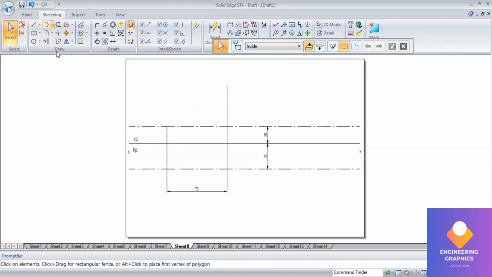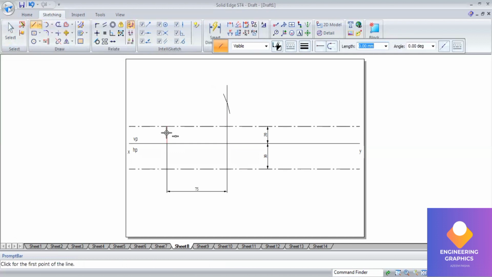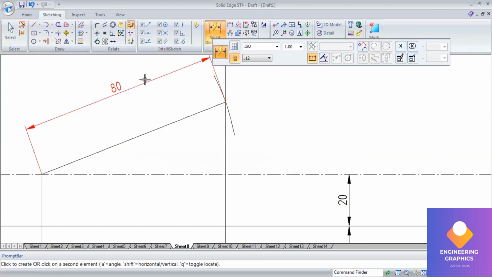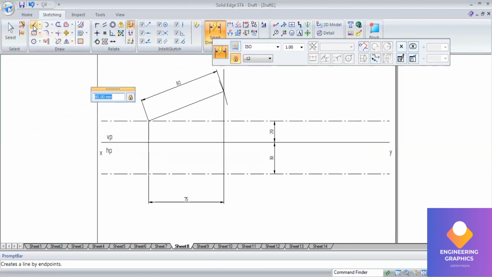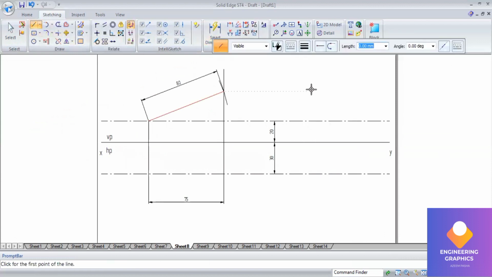Go to arc by center, and from this end select the radius 80 mm and cut the arc. So this gives the true length 80 mm. The same way we do it for the other. At the end of it, we draw the locus lines here.